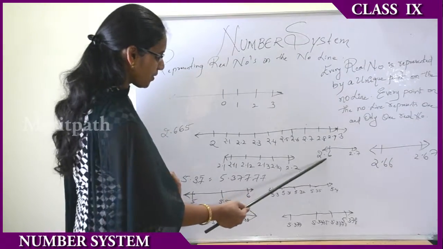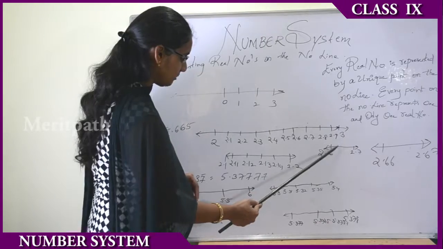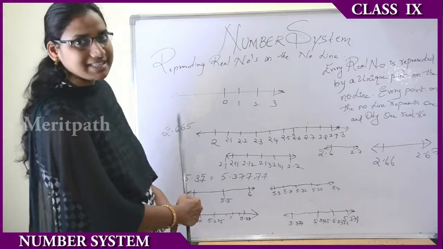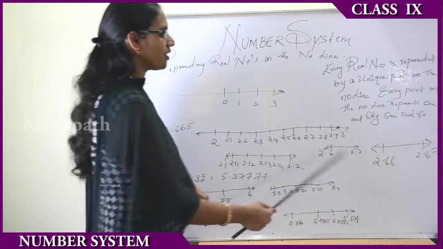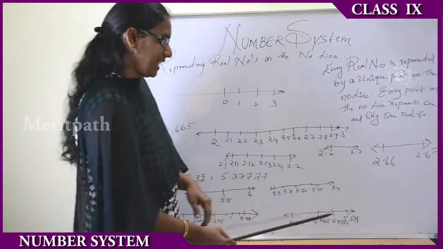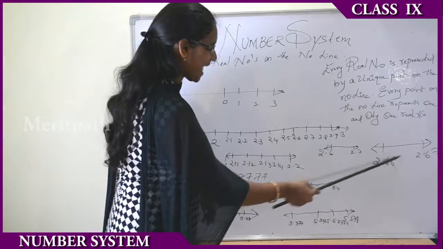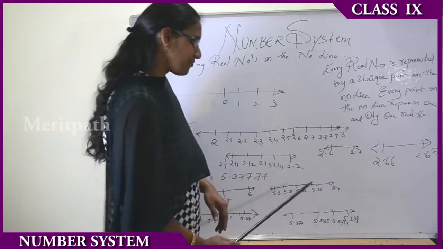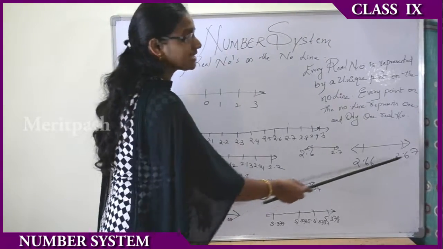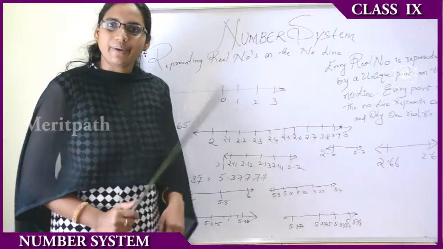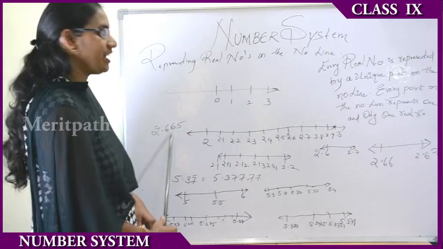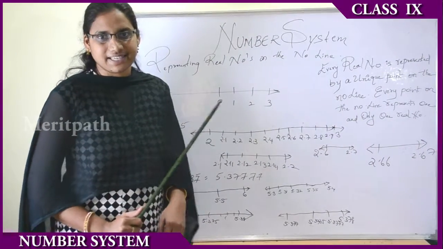In between we will find 2.665, and later on we go for 2 digits, that is 2.66 and 2.67. In between 2.66 and 2.67 we will find our given number, 2.665.